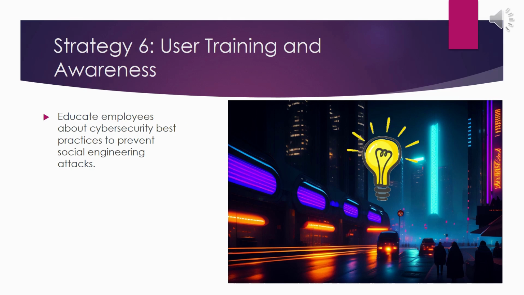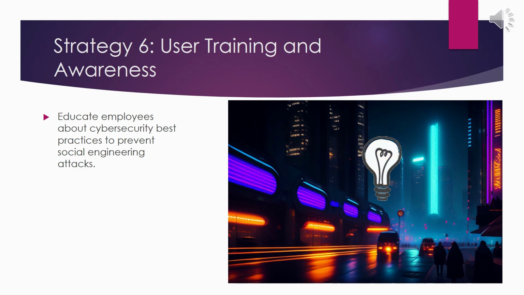Empowering your human firewall. While technology plays a significant role in cybersecurity, it's crucial to remember that your organization's employees are a critical line of defense. Strategy 6 focuses on user training and awareness as an essential component of a robust zero-trust cybersecurity posture. Key elements of user training and awareness. 1.